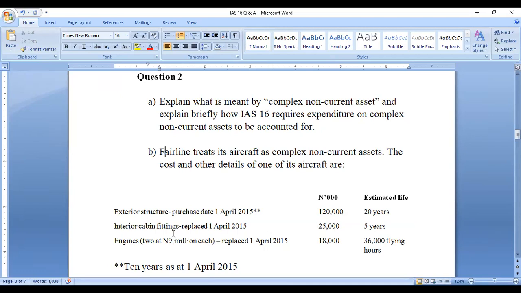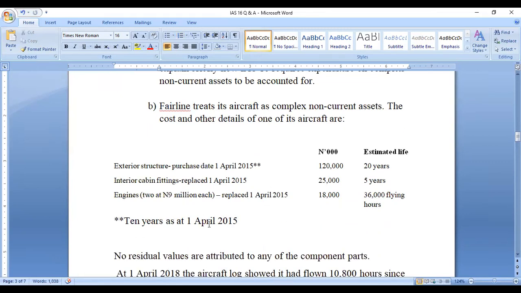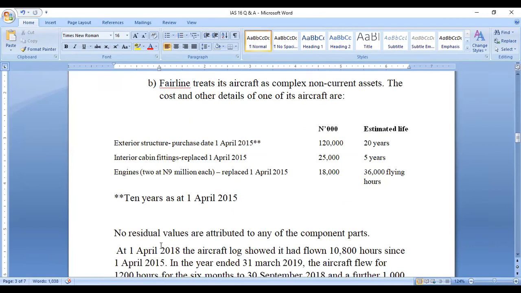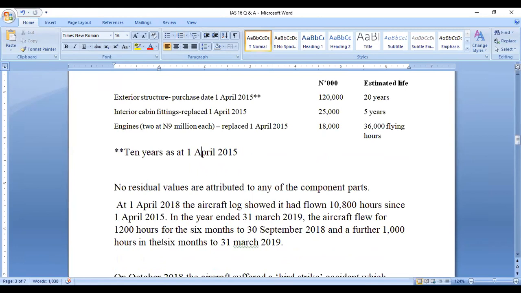And the exterior, we have 2 asterisks, and we are told that it was 10 years old as at 1st April 2015. Okay, so no residual values are attributed to any of the component parts.